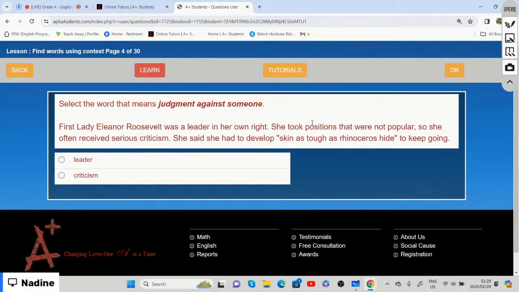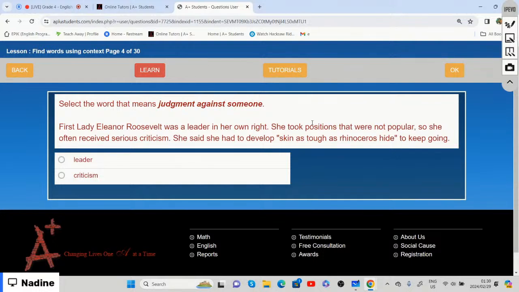We need to select the word that means judgment against someone. We are judging someone. It says, First Lady Eleanor Roosevelt was a leader in her own right. She took positions that were not popular, so she often received serious criticism. She said she had to develop skin as tough as rhinoceros hide to keep going.